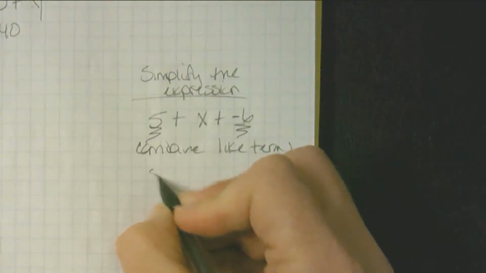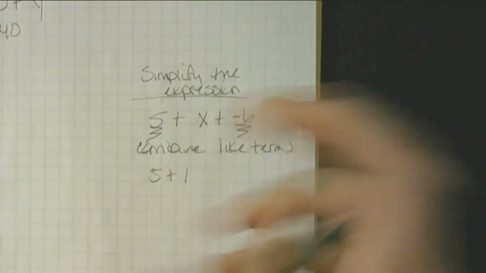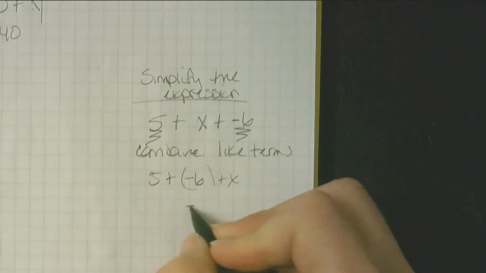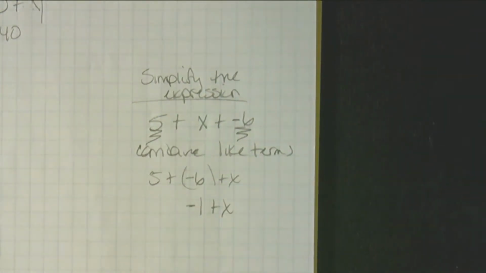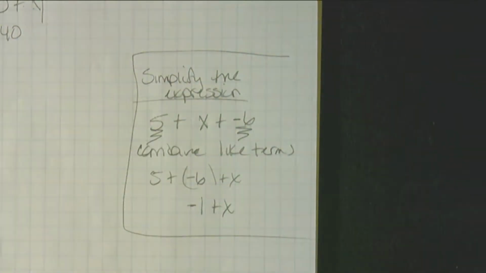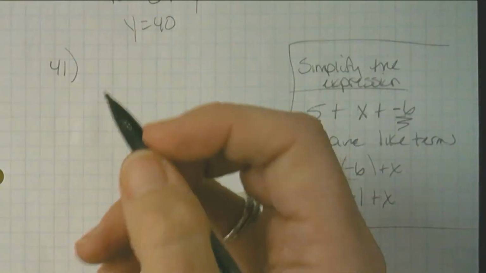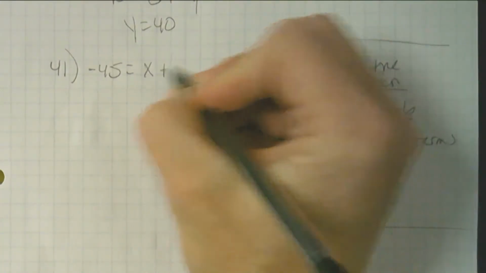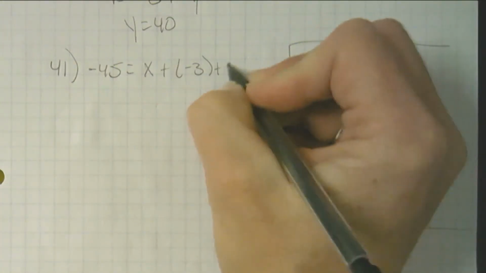So I'm going to move the numbers next to each other that I need to add, and then I can add them. How many of you guys are cool with that? Okay, so I want you guys taking that idea, and I want you telling me in number 41, I have negative 45 is equal to x plus a negative 3 plus 50.